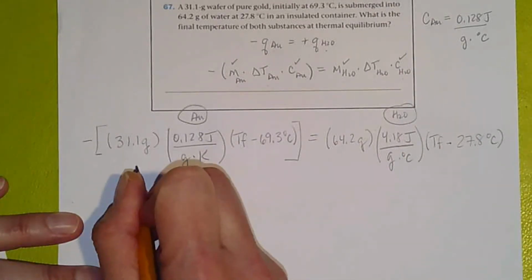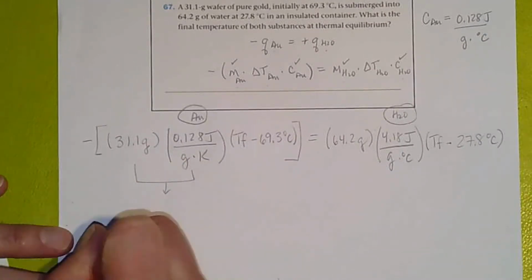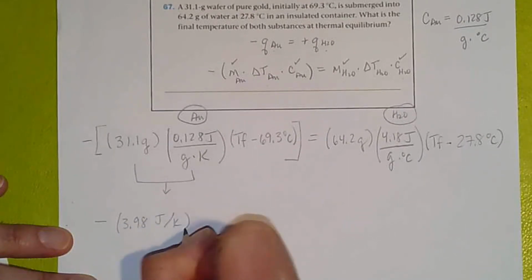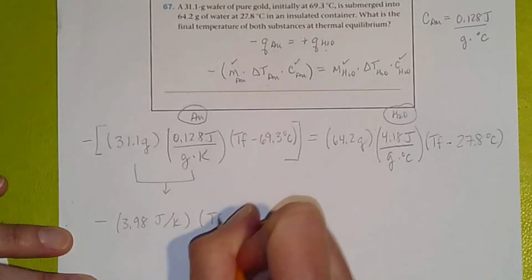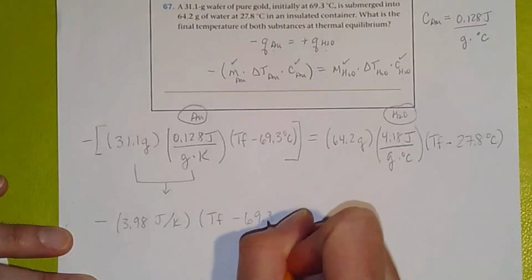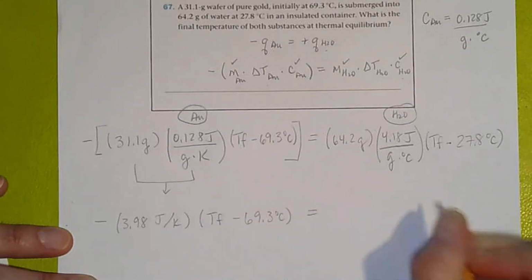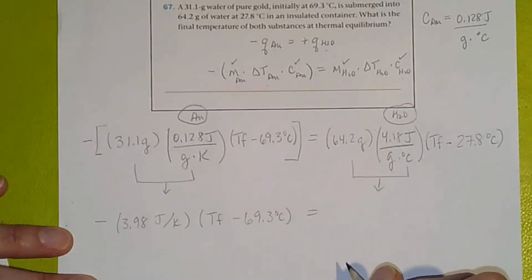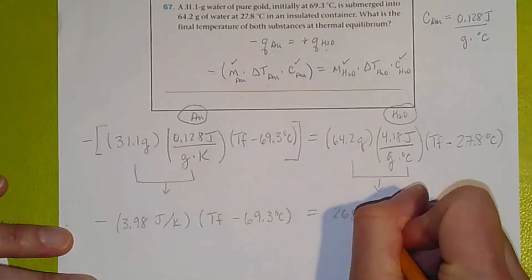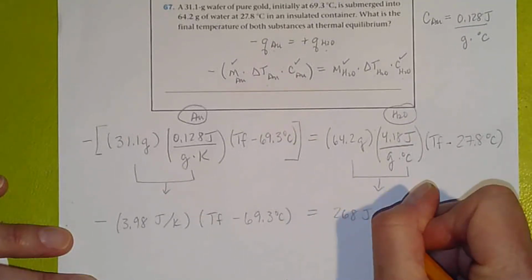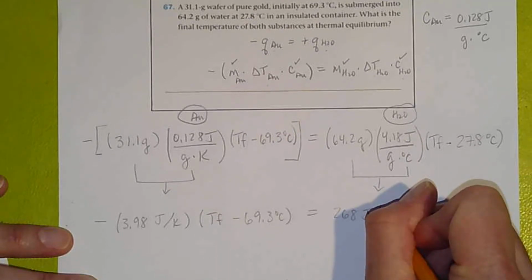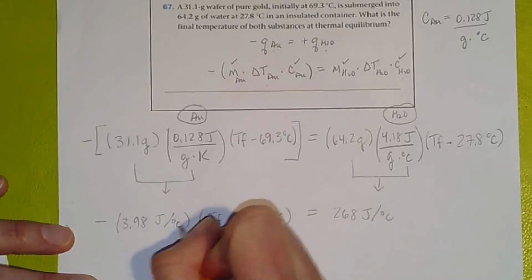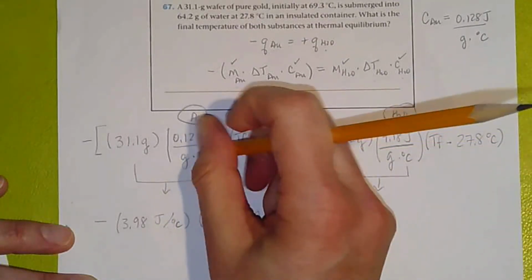Okay, so we're going to multiply these. I'm going to have negative 3.98 joules per Kelvin, multiplied by TF minus 69.3, and that's going to equal, I'm going to combine these, 268 joules per, you know what, I should just have degrees Celsius everywhere in this problem because those are the numbers we were originally given.